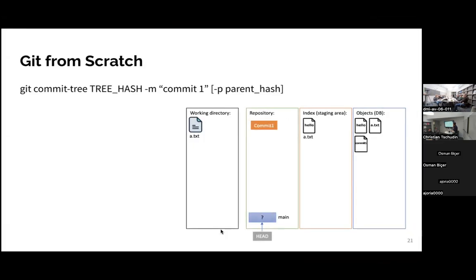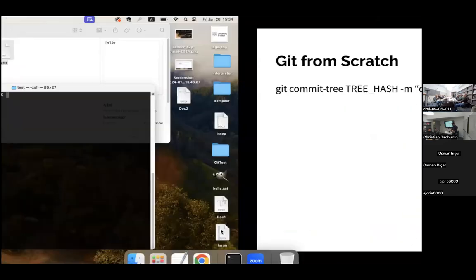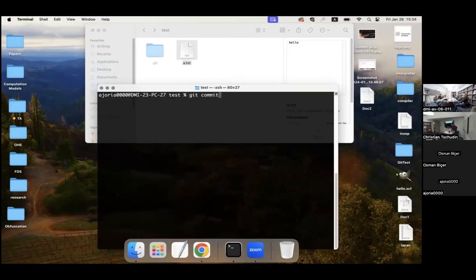Okay, the next step is to create a commit and put it into the repository. Using this syntax and this command, git commit-tree, we can do that. As the name suggests, we are committing a tree, and it is very interesting for me that you are committing a state, and the state is a tree.